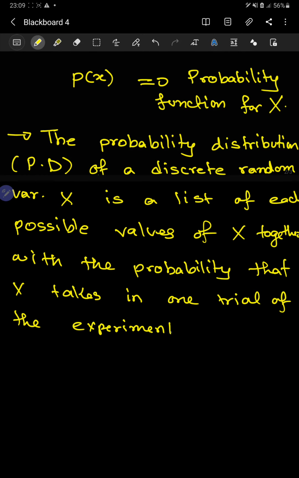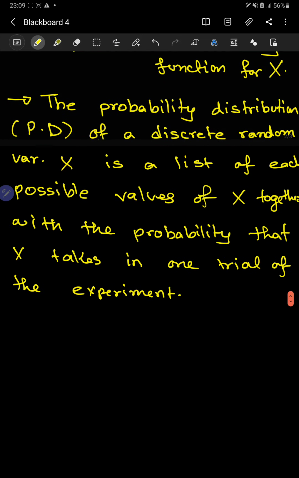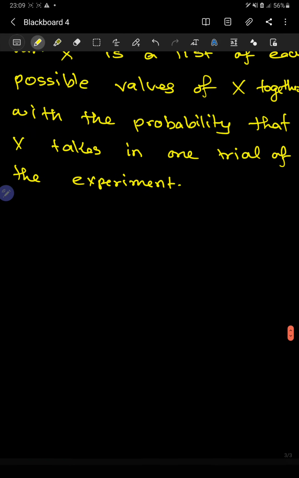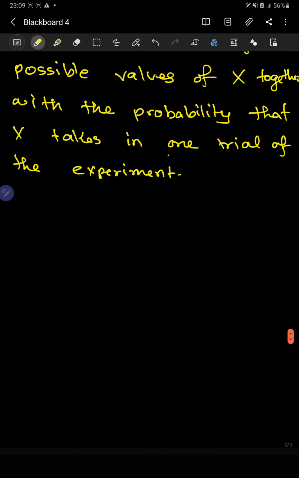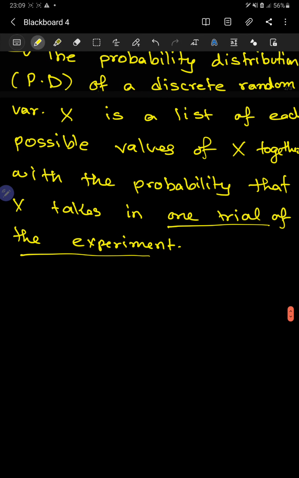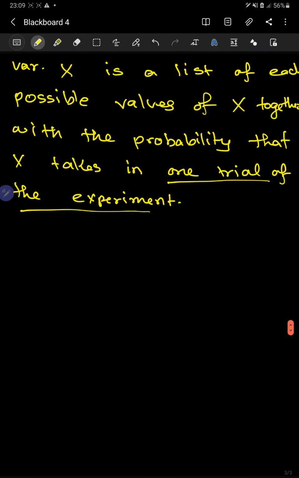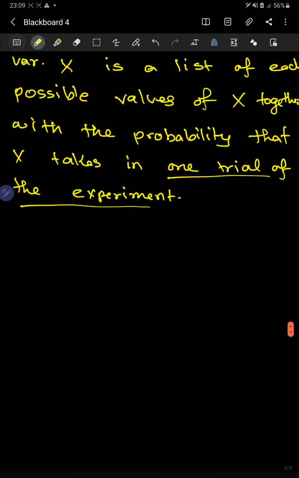That is, it's a list of each possible value of X and the probability of that X. Okay, and it must be in one trial of the experiment, not in multiple trials. So that is the probability distribution. If you see an example, that will be more clear, but let's first define the stuff and then go see an example.